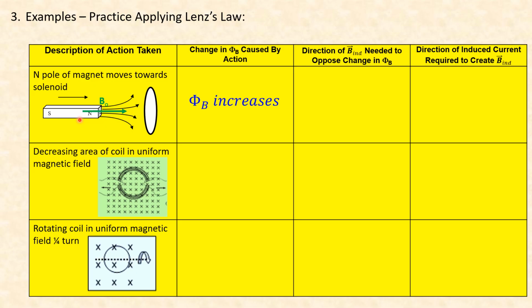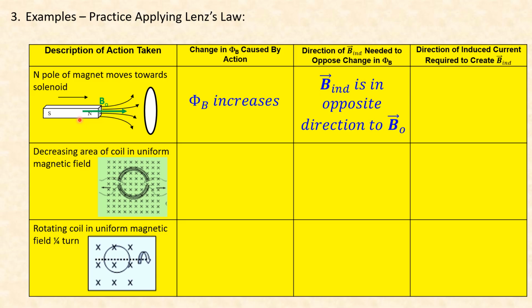Given that, we now know that the direction of the induced magnetic field must oppose the change in flux, according to Lenz's law. So since the magnetic flux increases, how will the system respond by trying to oppose that flux change? It's going to respond by inducing a magnetic field that's opposite in direction to the original field.